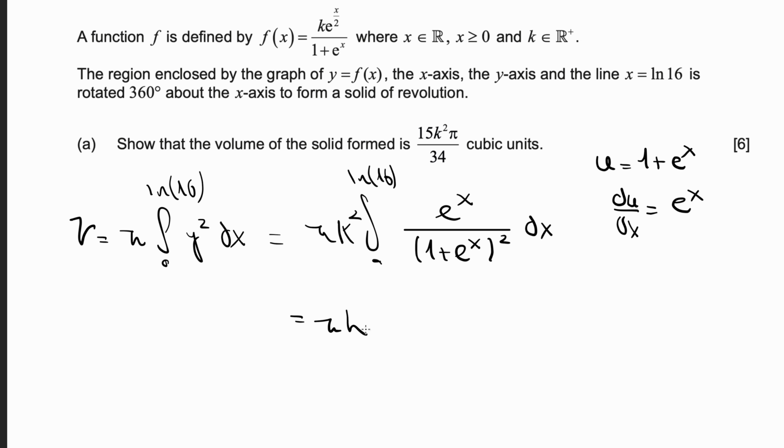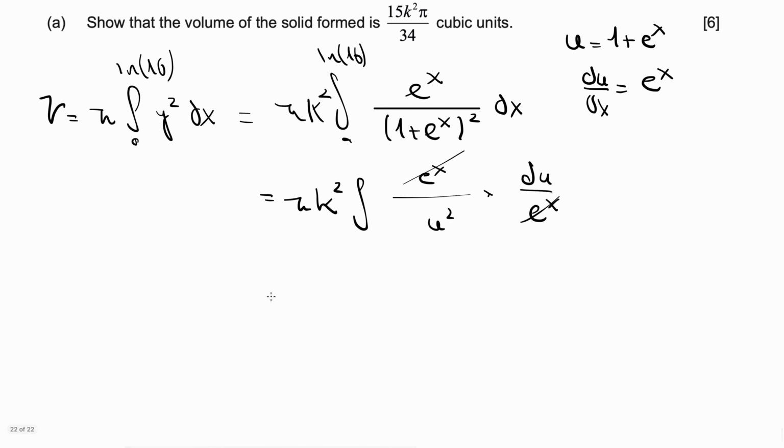If you substitute in that, you get e to the power of x over u squared, and then dx is simply du over e to the x. The e to the x cancels out, and the integral of u to the negative 2 is simply negative pi k squared, right? I think it should be u to the negative 1, right?